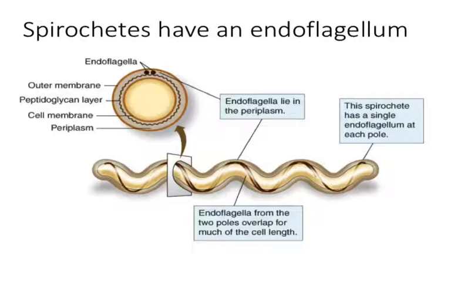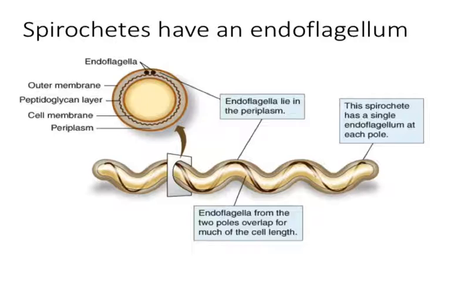All right, so what's the difference? How do spirochetes differ from spirillum? Flagella, how is it different? It's inside. It's an endoflagellum. This is not a true flagellum. Some folks will refer to it differently, but I refer to it as an endoflagellum.